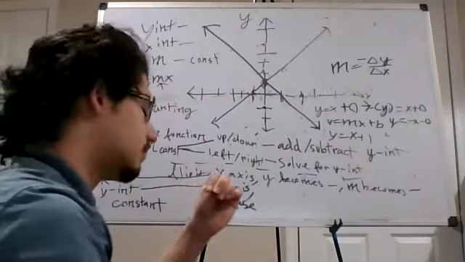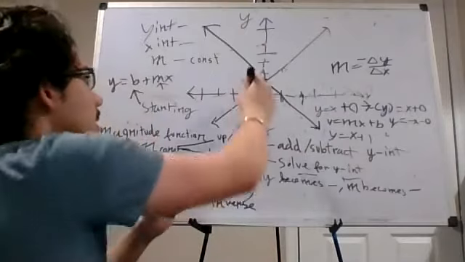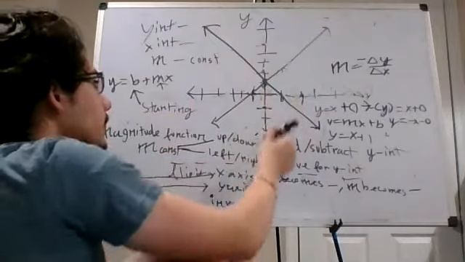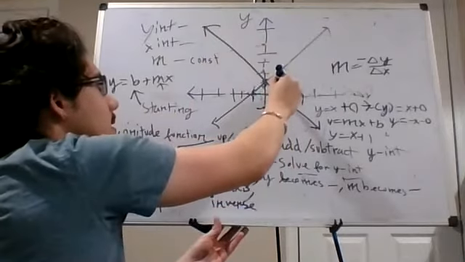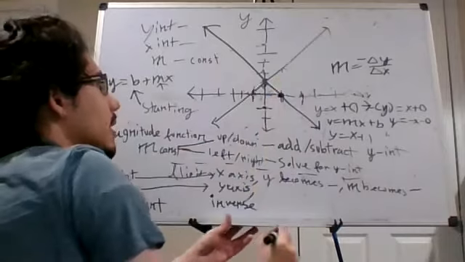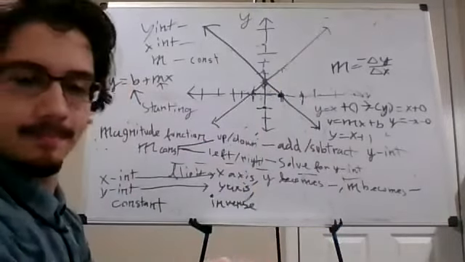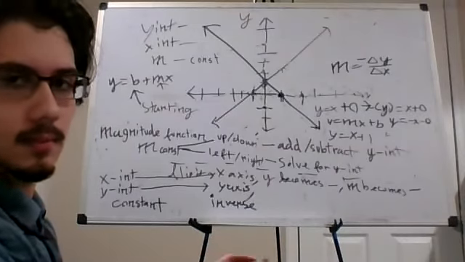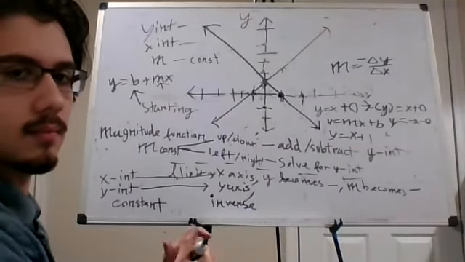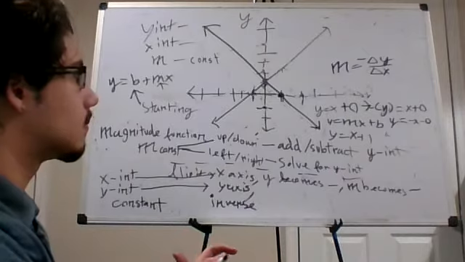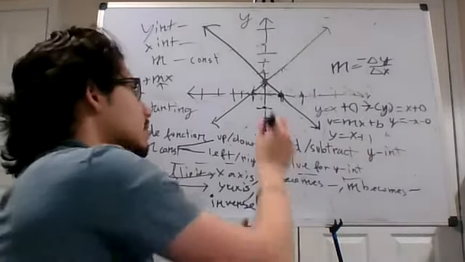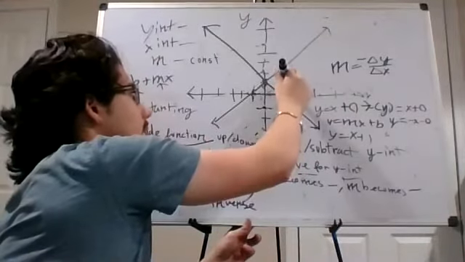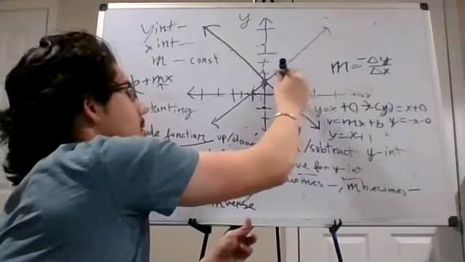Now because we flipped over the y-axis, our new x-intercept should be what? Our new x-intercept will be positive one. Perfect. So our new x-intercept will be at +1.